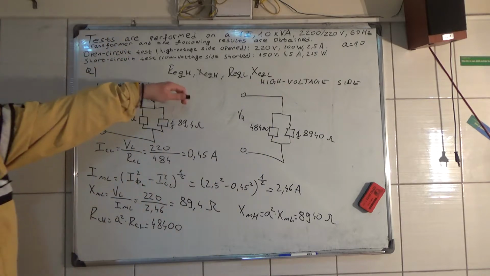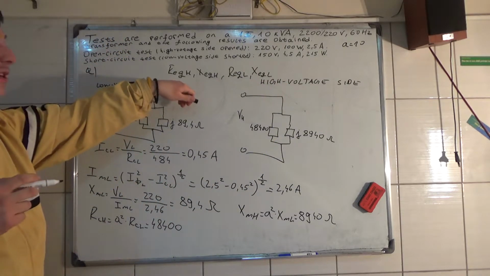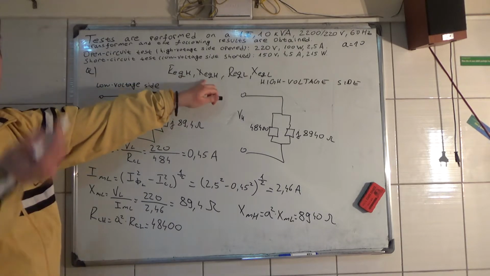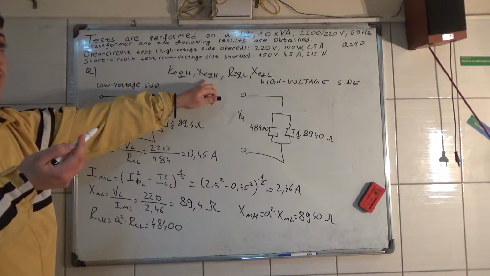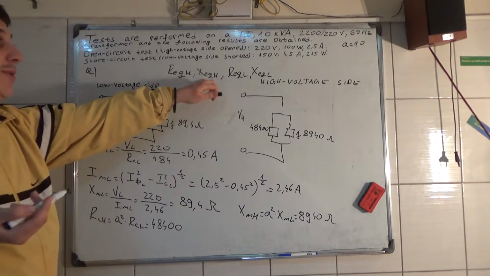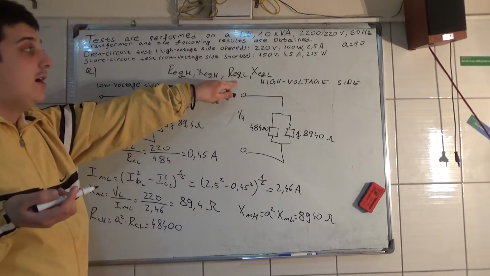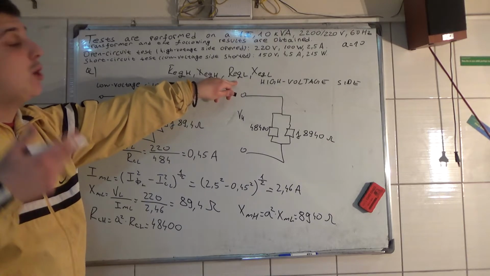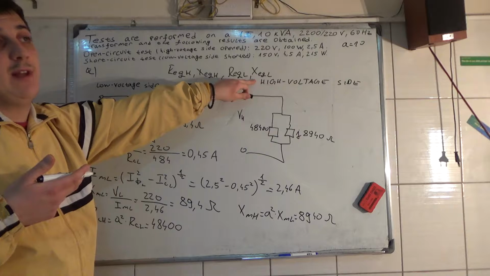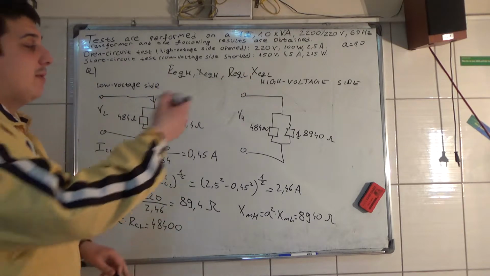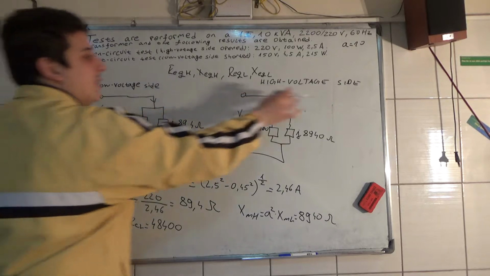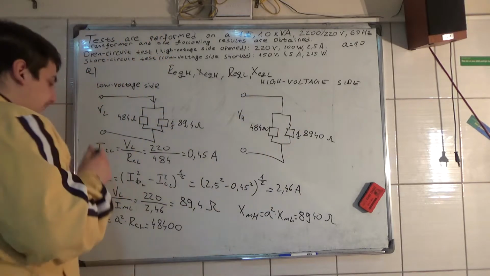So these are the winding resistance looking from the high voltage side. This is the reactance of the flux leakages from the high voltage side. This is the resistance of the windings looking from the low voltage side, and this is the reactance of flux leakages looking from the low voltage side. So this here goes here, and this here is going to go here in series.